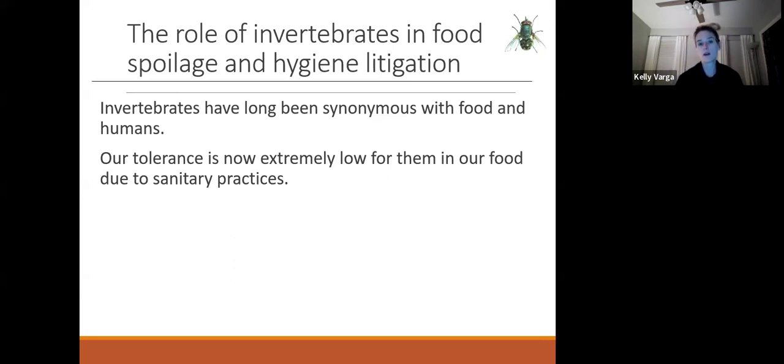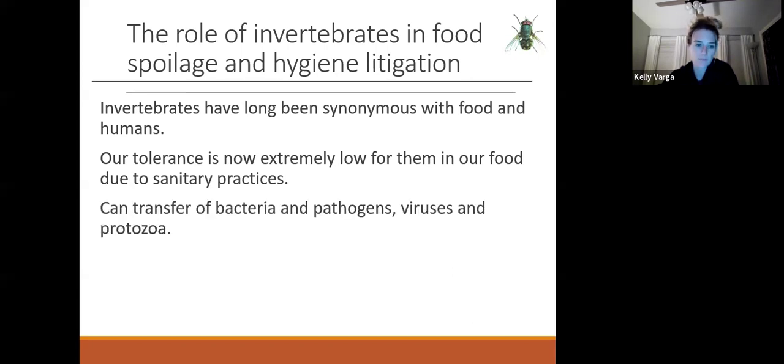So as we've gotten better at removing pests, bacteria, and anything that can be a potential unsanitary condition that can get us sick, we've lowered our tolerance to this. And now we can get very sick, right? Hence the reason we need to make sure we're checking for this.